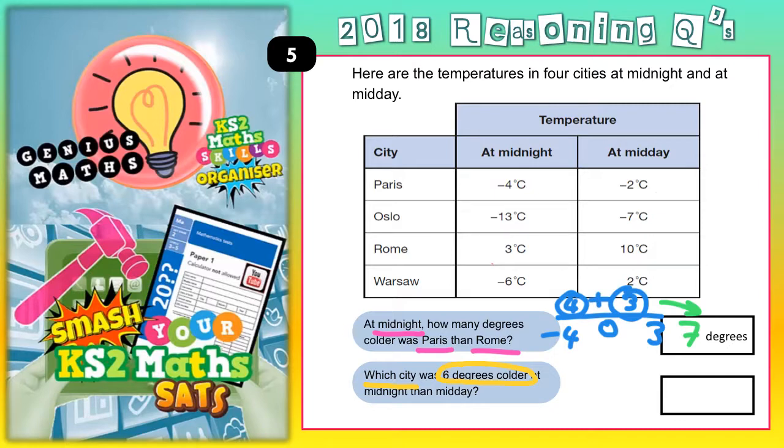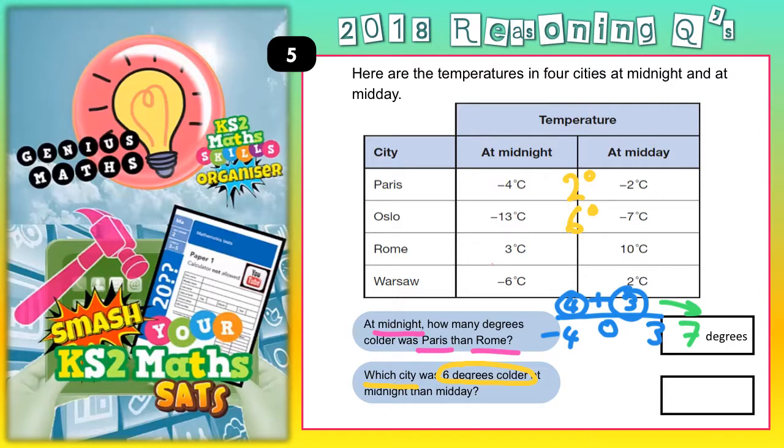They're both colder than 0. So from -4 to -2 is simply a gap of 2 degrees. Oslo is -13 and -7. Again, both of those temperatures are below 0. So the gap between -13 and -7 is going to be 6 degrees.